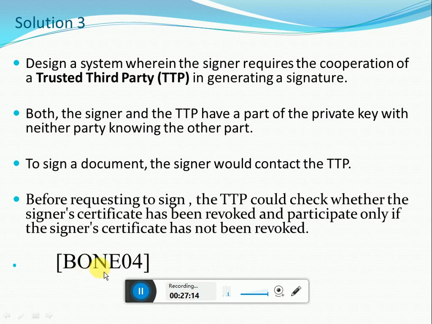To sign a document, the signer would contact a trusted third party. Before cooperating in signing, the trusted party could check whether the signer's certificate has been revoked or not, and if it is not revoked, it will participate in creating the signature.